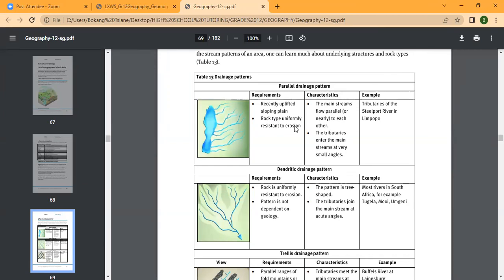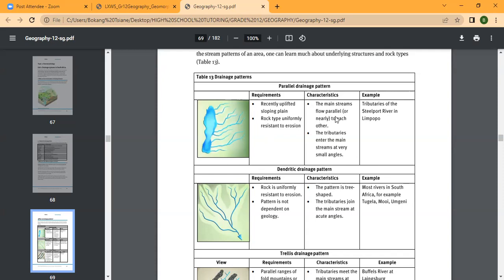Whereas at other areas, the rock will be less eroded, and then the height of the rock will be a little bit higher. So the streams will end up interfering with each other's movement. So we need a rock type that is uniformly resistant to erosion.